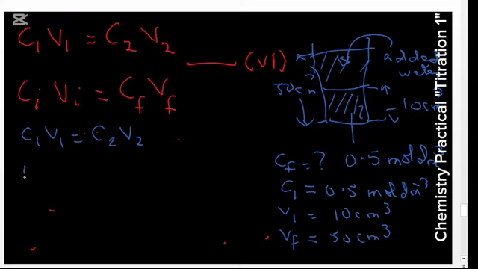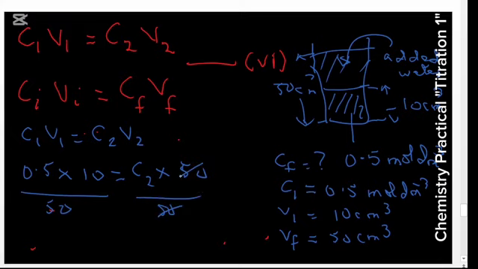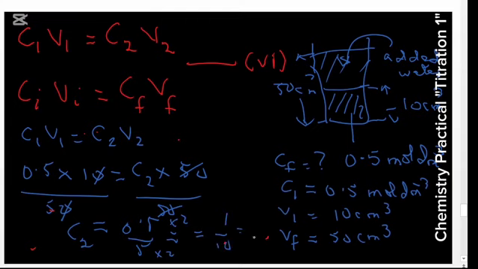So C1 is 0.5 multiplied by V1, 10, is equal to C2, which we are looking for, and V2 is 50. So you can divide both sides by 50, and this and this is gone. So this will give us C2 is equal to 0.5 divided by 5. How do we do this? Let's multiply both by 2, so this will give us 1 over 10, which is 0.1. So the answer to this is C2 equals 0.1 mole per dm3.